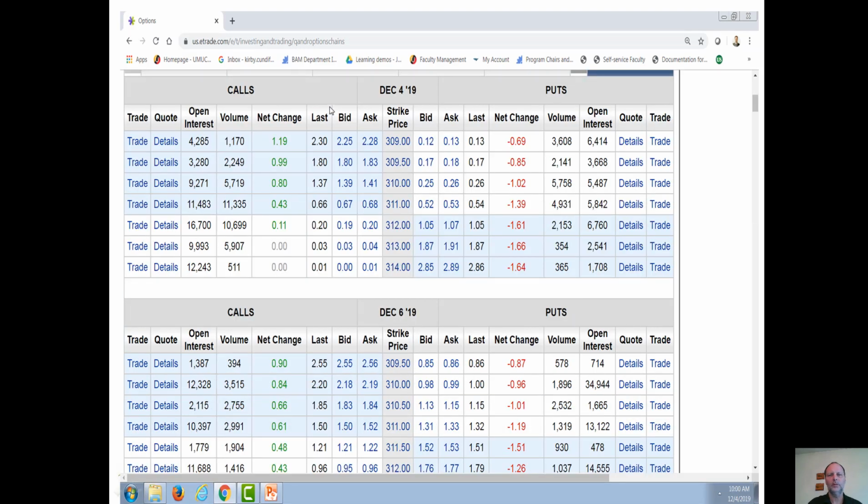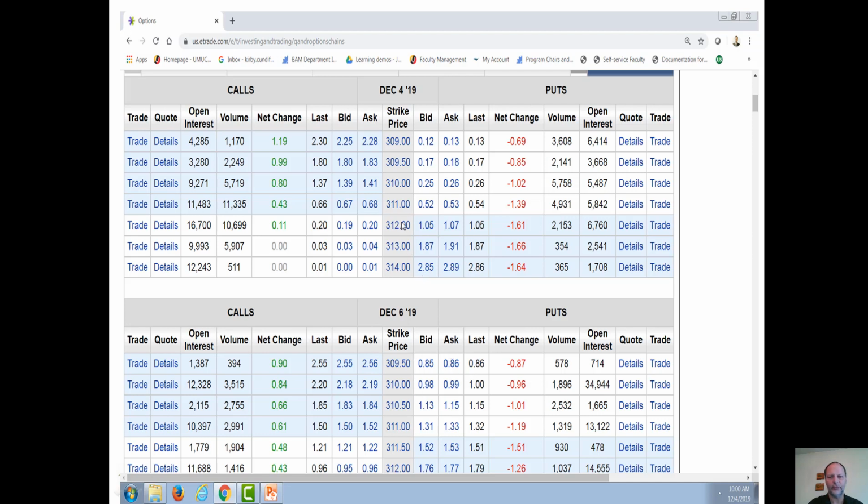We can also examine the same relationships with respect to the timed expiration T. At the top, we see options that expire on December 4th. At the bottom, December 6th, so a little bit later. So for a strike price of 309.5, we would expect the options here to be worth less than the options here, which they are, and this should be the same whether these are calls or puts.